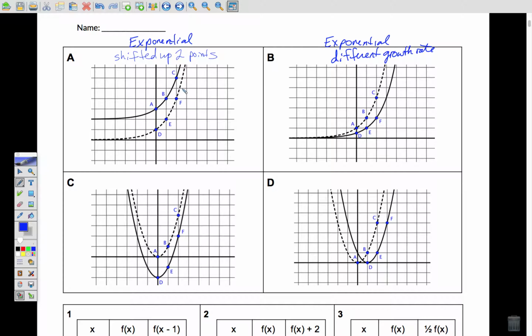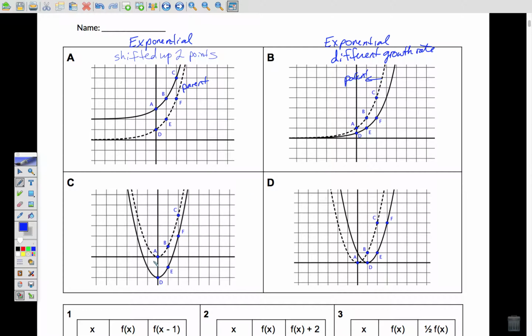So this guy is actually going to be the parent one, the dashed one. And then the same thing here, this guy right here is the parent function. We can see we have it at 0,1. So we can notice this guy is down. We'll come back to it.